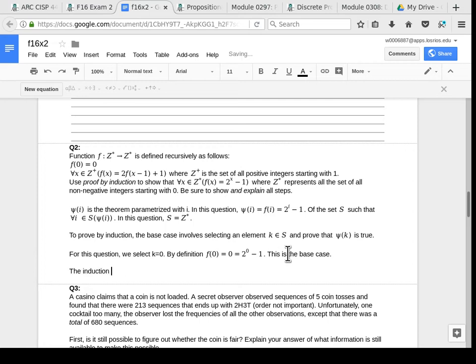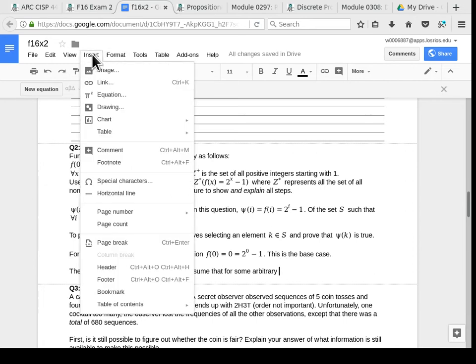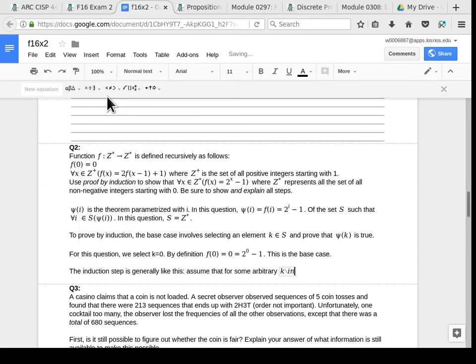The induction step is generally like this. Assume that for some arbitrary k in S, psi.